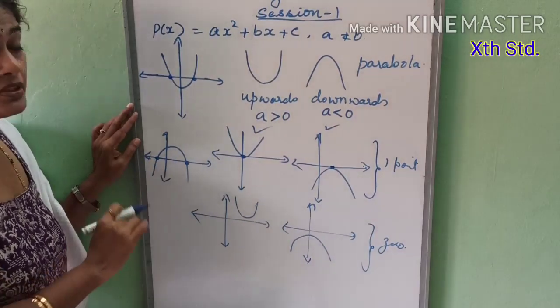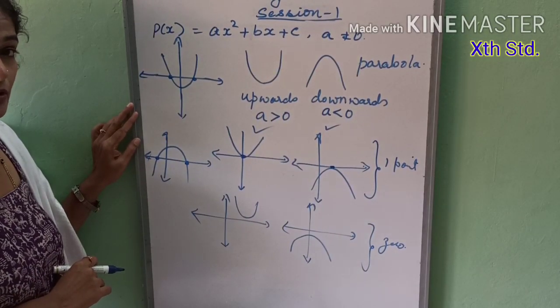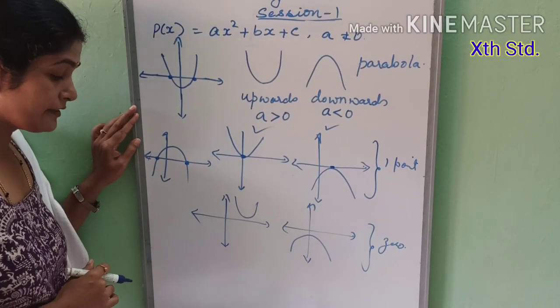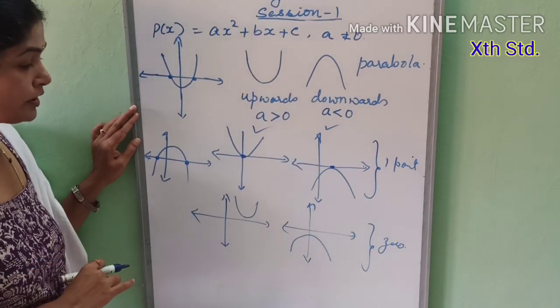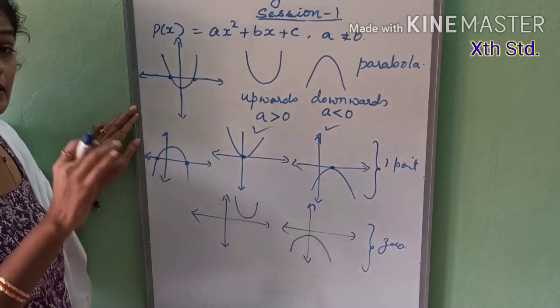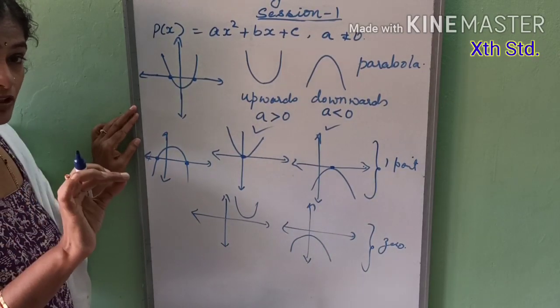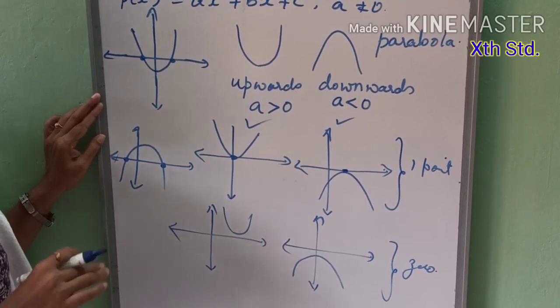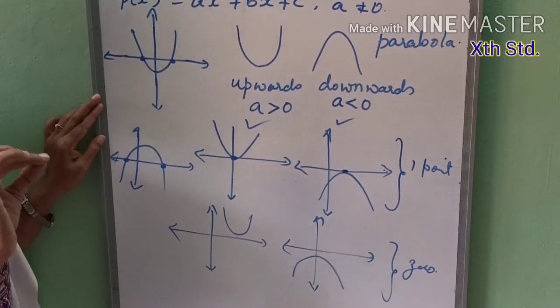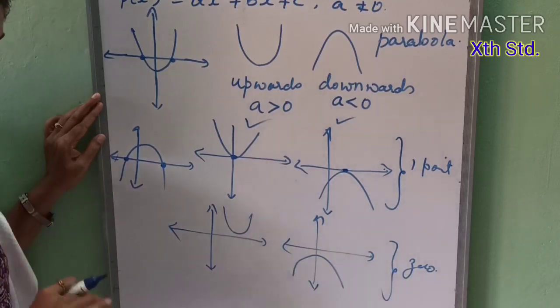What is the geometrical meaning of this? The zeros of the quadratic polynomial are x coordinates of the points.